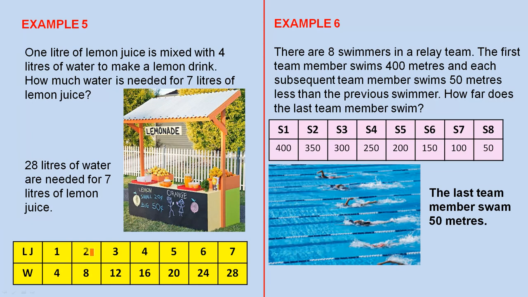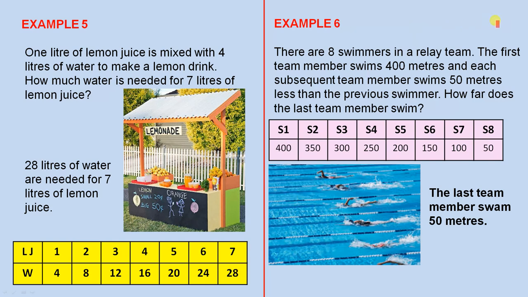For 2 litres of lemon juice, we need 8 litres of water. For 3 litres of lemon juice, we need 12 litres of water. So for each extra litre of lemon juice, we need an extra 4 litres of water. So for 7 litres of lemon juice, we need 28 litres of water. That's what the question's asking.